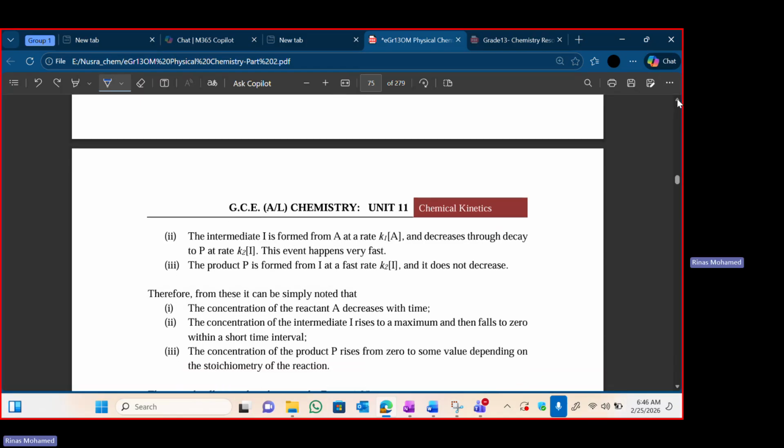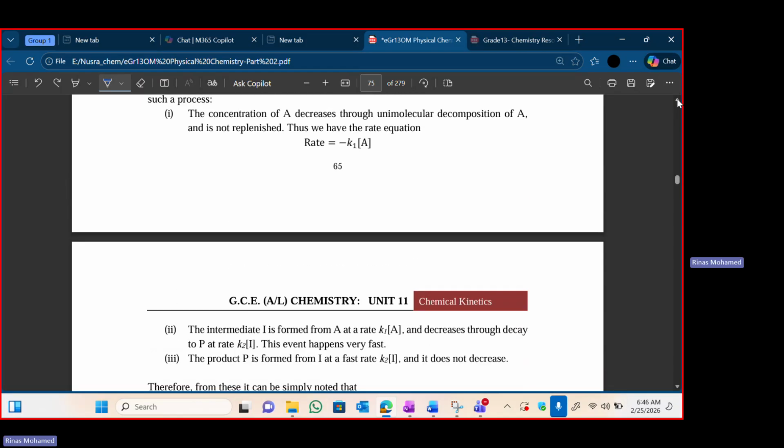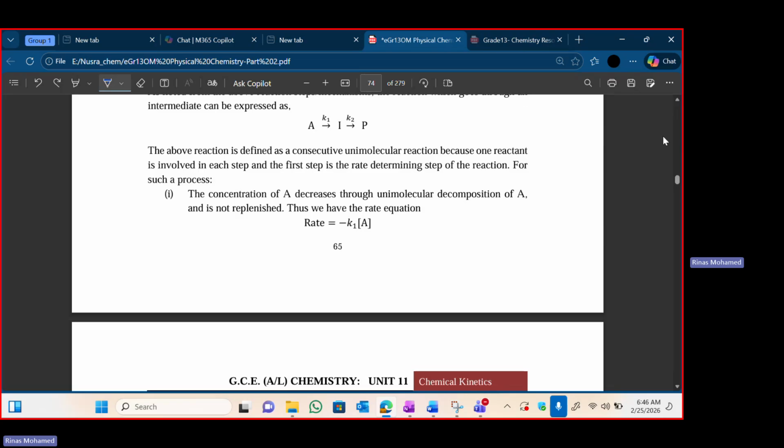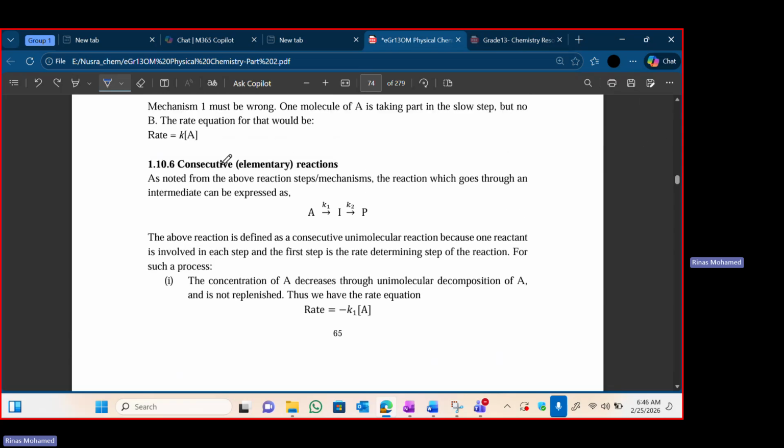Then we can say like this. Another one is if the reaction is consecutive elementary reactions, right? Reactions which go through an intermediate can be expressed as A converted to I converted to P, right?